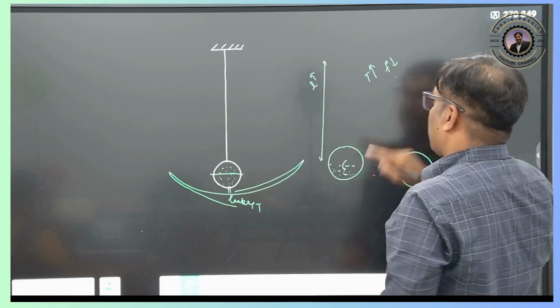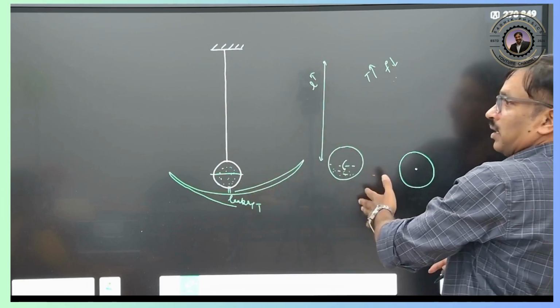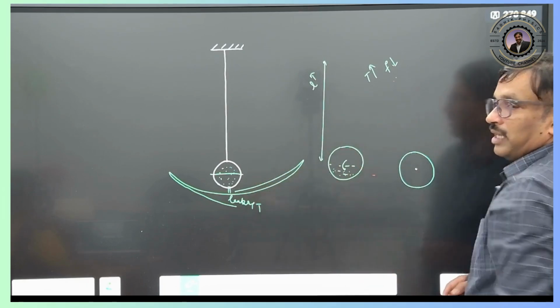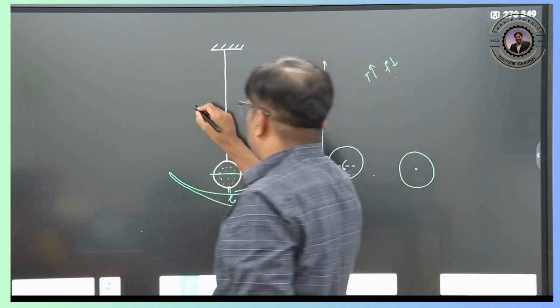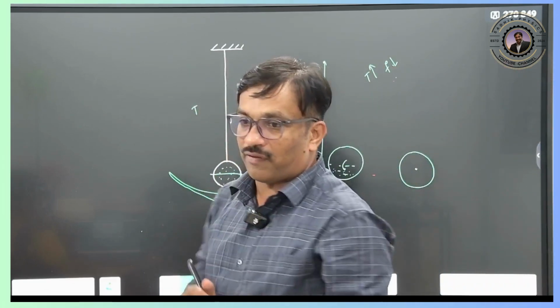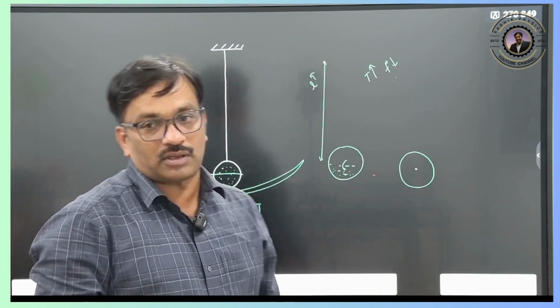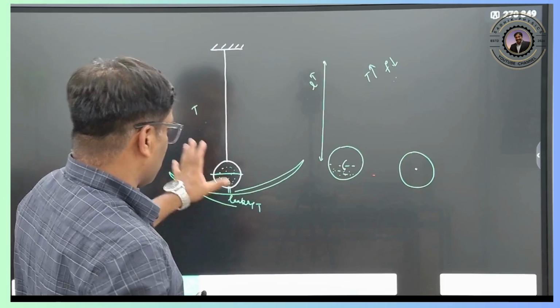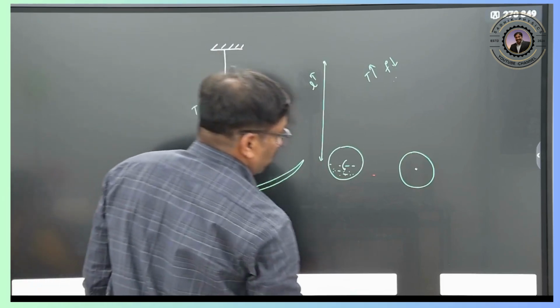So initially the time period will increase, then finally come back to the same time period. So you should be very careful in this type of questions. You need to see whether the center of gravity is changing or not.